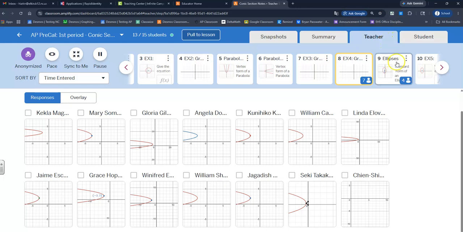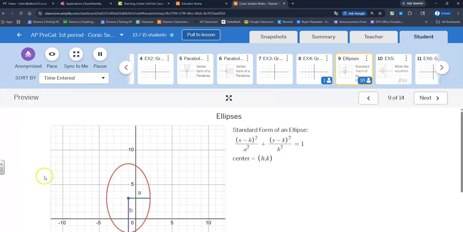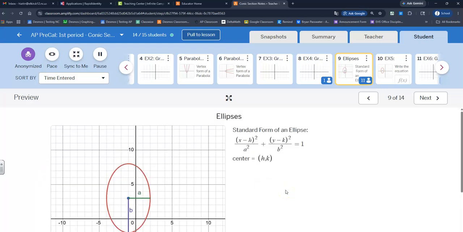So some of my favorite ones are ellipses. So this is your equation for an ellipse, which is just really an oval. So I would copy that down.